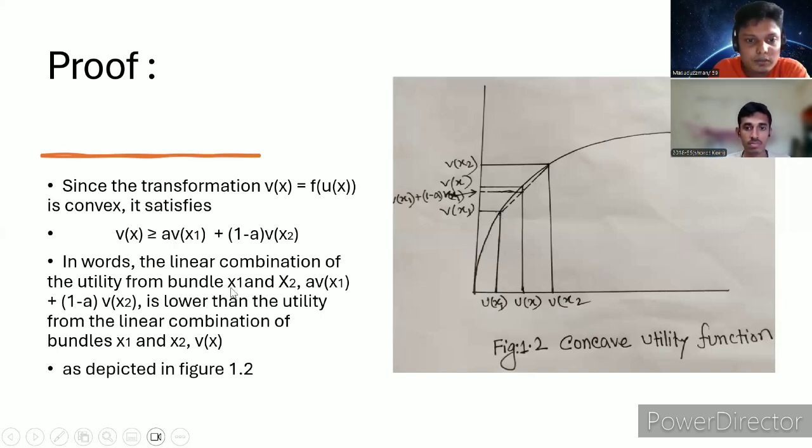From bundle x1 to x2, with their linear combination, we can see that v of x is greater than or equal to alpha v of x1 plus 1 minus alpha v of x2, as depicted in figure 1.2.